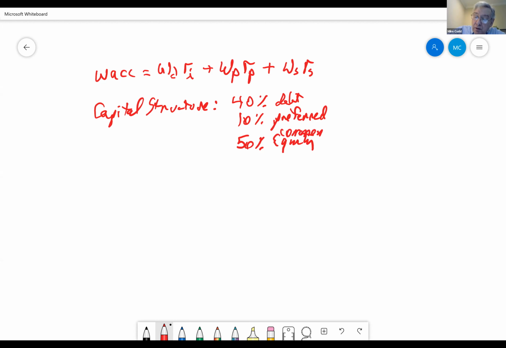Also, let's assume that the component costs of each are as follows. On debt, we've determined on the debt money, we need to earn 5%. On the preferred money, we need to earn a 10% return. And on the common equity, we need to earn 20.